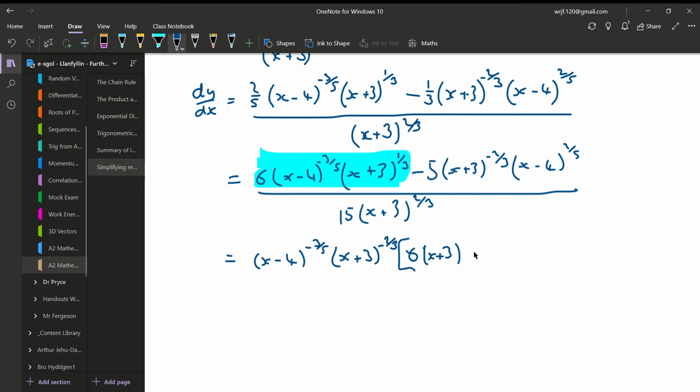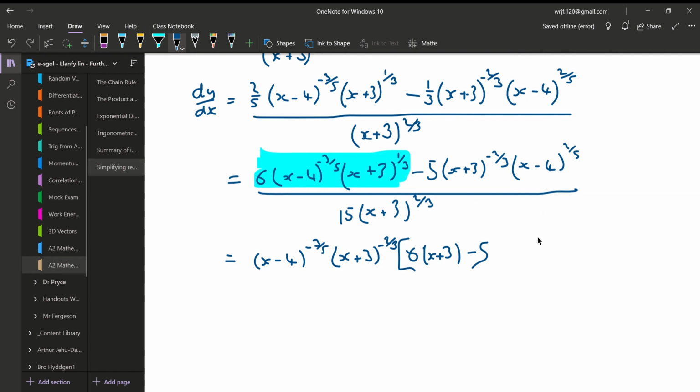Second term is negative. I need a negative at the 5. That's as the 6 was in the first term, the 5 is going to remain there, and that's gone a bit weird as well. Not to worry. The x plus 3 had a power of -2/3, which it has outside this square bracket as well, so I can leave that bit as it is. The x minus 4 part had 2/5. I've taken out -3/5. What do I need to add to -3/5 to make 2/5?